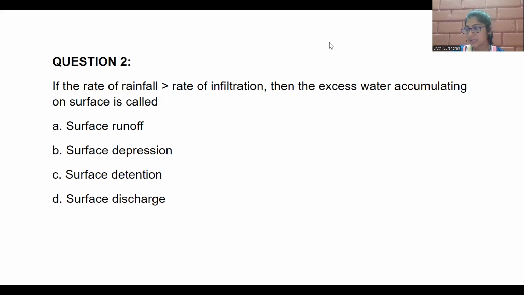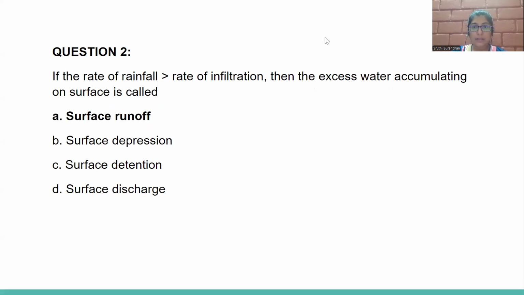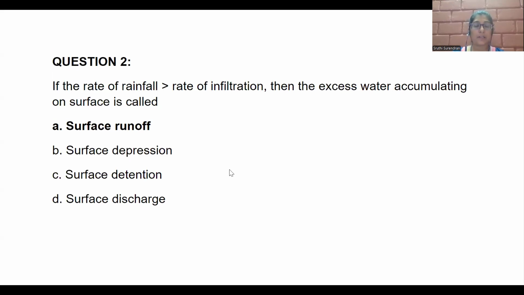Okay, let's move on to the answer. The correct answer is surface runoff, like many of you have said. It's the rate of rainfall, the rate with which the rainfall is hitting the surface.